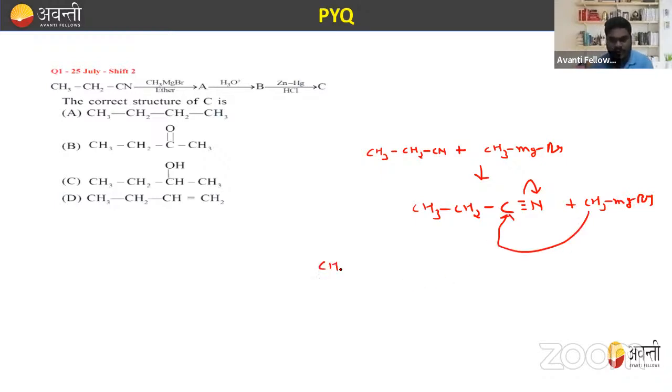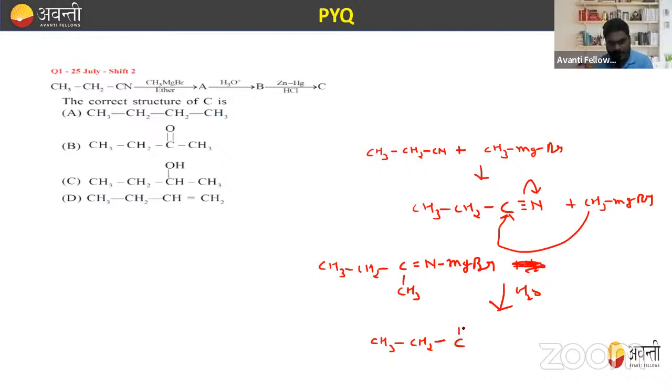Now the formation of CH3CH2C, and this is CH3, double bond N, and Mg and Br, right? Now, when this is treated with H2O, what takes place, beta? When this is treated with H2O, then this will be CH3CH2C, double bond O, CH3, and MgBrOH plus NH3. So the formation of ketone takes place.